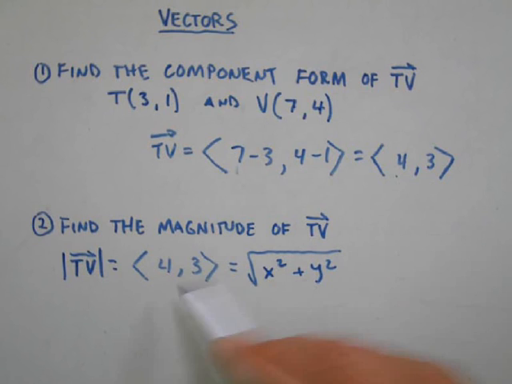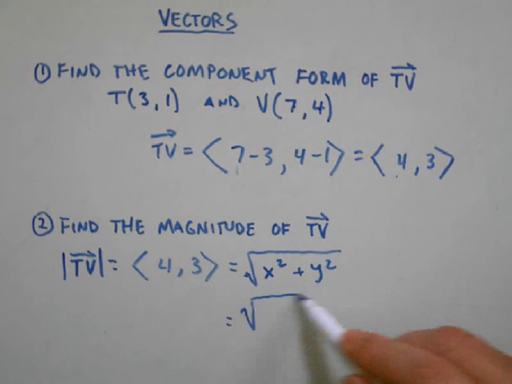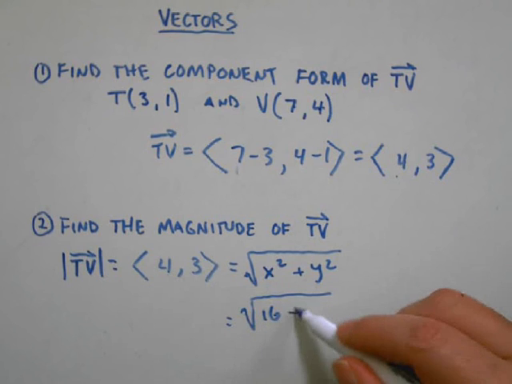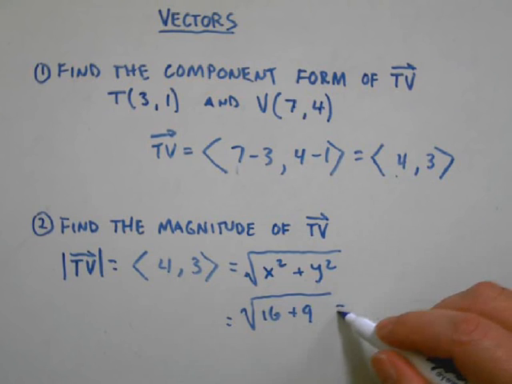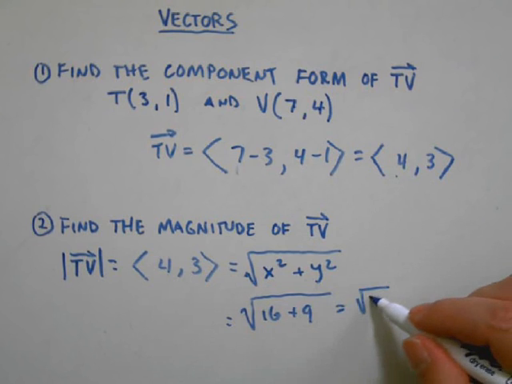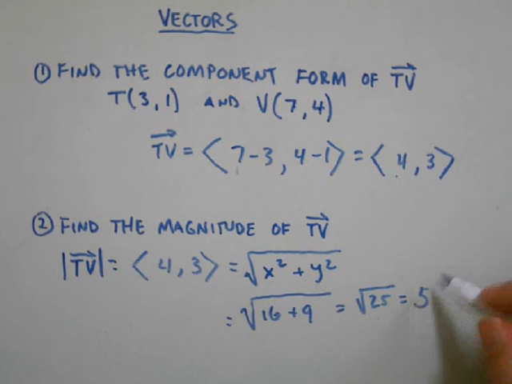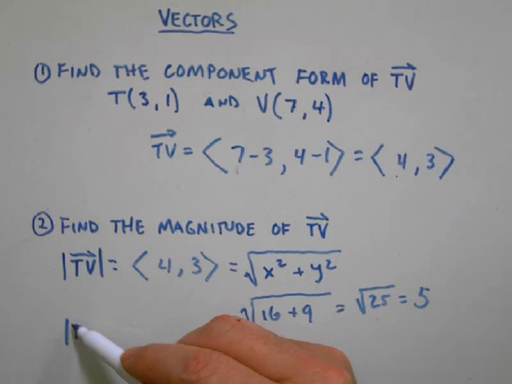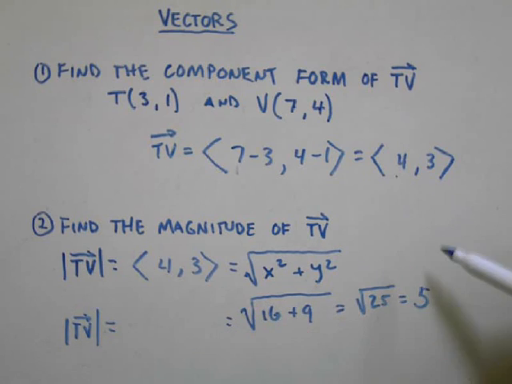So the square root of 4 squared, which is 16, plus 3 squared, which is 9, the square root of 25, and you get 5. So the magnitude of TV is 5.